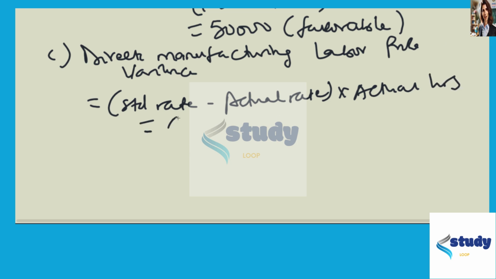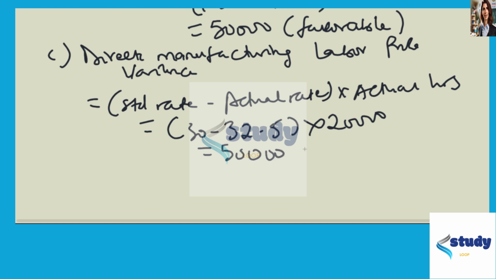So this is equal to 30 minus 32.5, multiplied by 20,000, and this is equal to 50,000. Because of the negative sign, it's unfavorable.